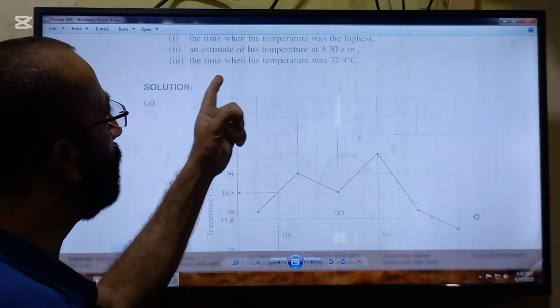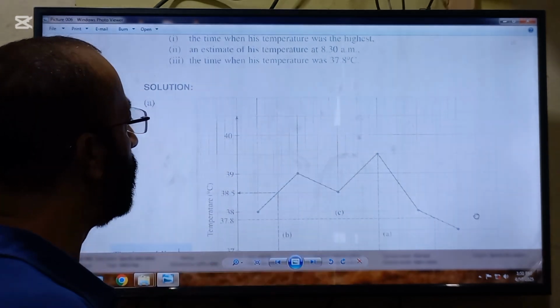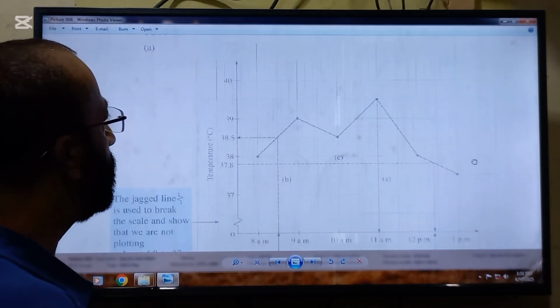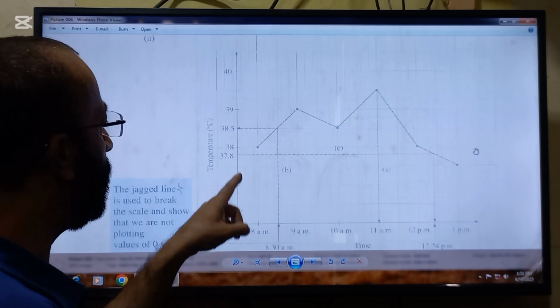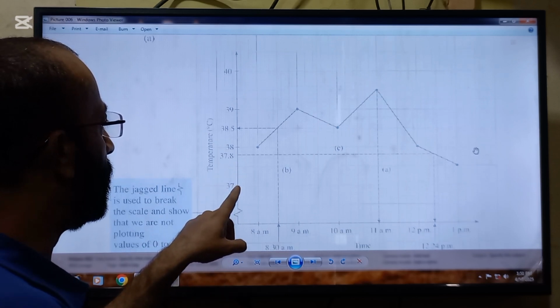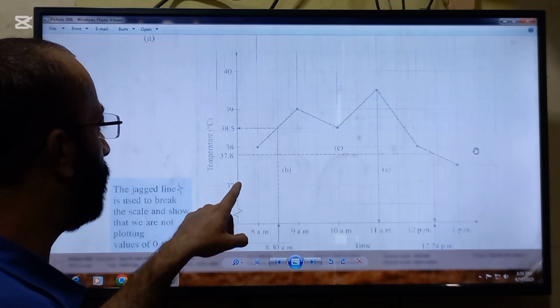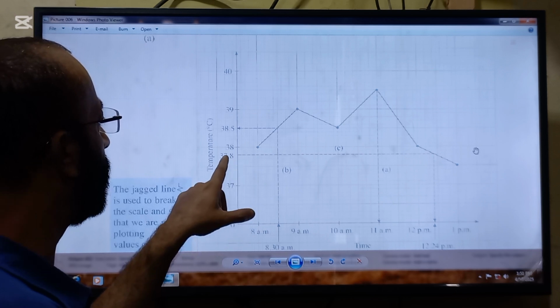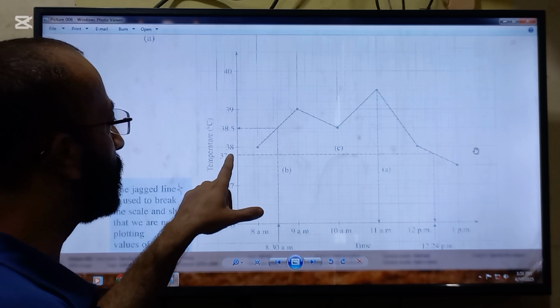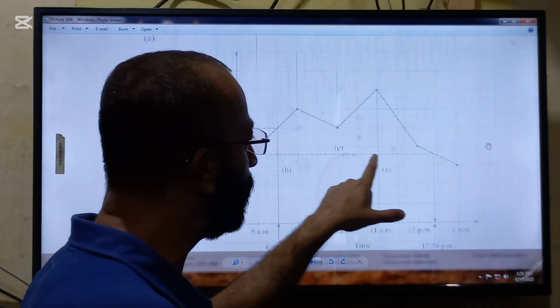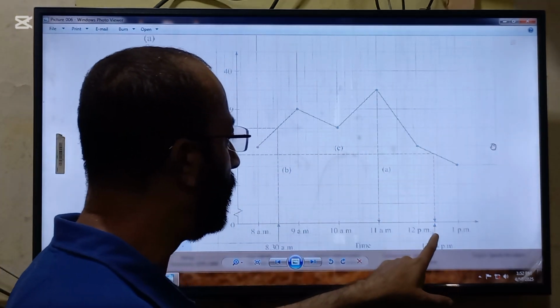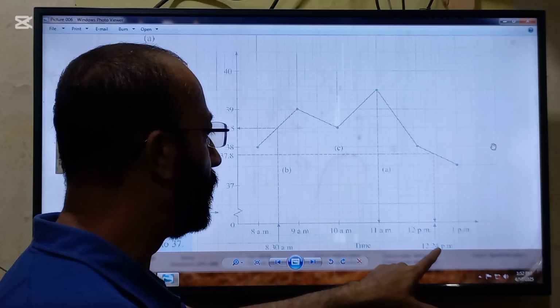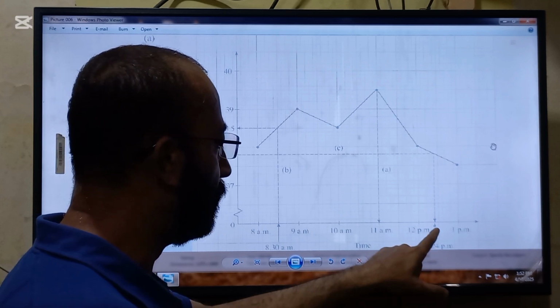The last requirement is the time when the temperature is 37.8. This is 37, this is 37.1, 2, 3, 4, 5, 6, 7, and 8, 37.8. With the help of a scale, we will draw a line touching the graph, and from there we find the time.